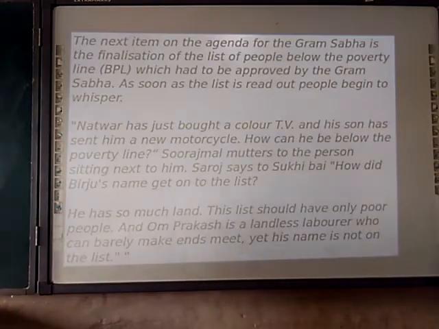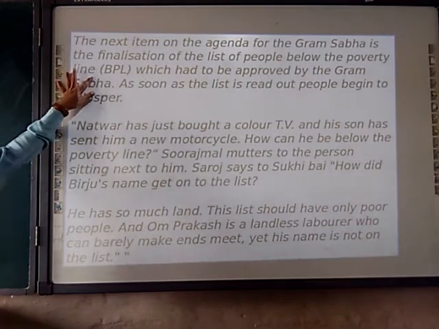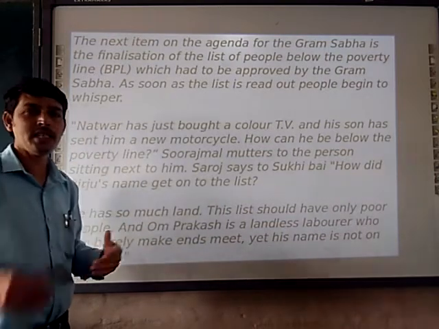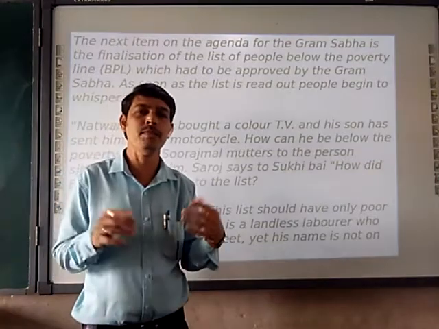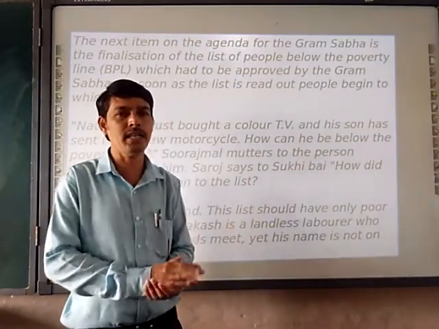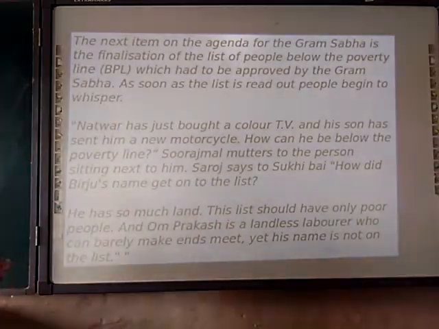Next, the next item on the agenda for the Gram Sabha is the finalization of the list of the people that are below the poverty line, which has to be approved by the Gram Sabha. As soon as the list is read out, the people begin to whisper because in that list somebody's name will not be there or somebody's name will be there who is not below the poverty line.